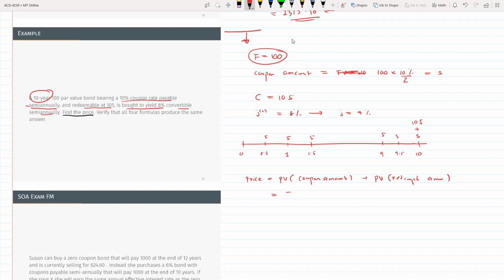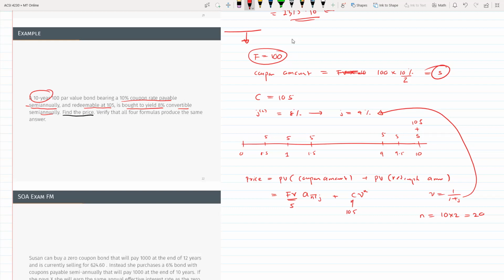In mathematical notation, this is F R a angle N at rate J plus C v to the N. In here, v is 1 over 1 plus J, and J is 4%, the one we just got. In a angle N, N is the number of payments, which is going to be 20, because every year you get 2 coupons. So 10 times 2, because every 6 months you get a coupon. So N is 20. And F R is going to be 5, because we just calculated the coupon amount is $5. And the C is 105.